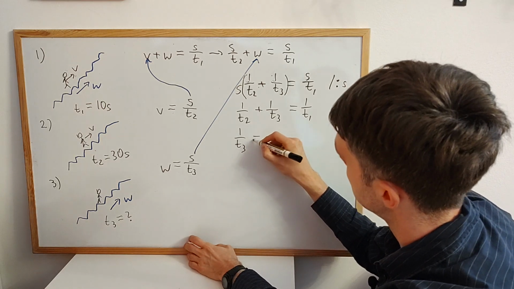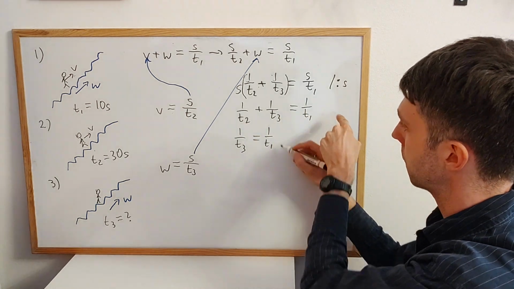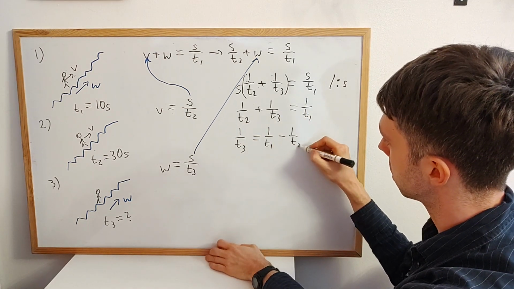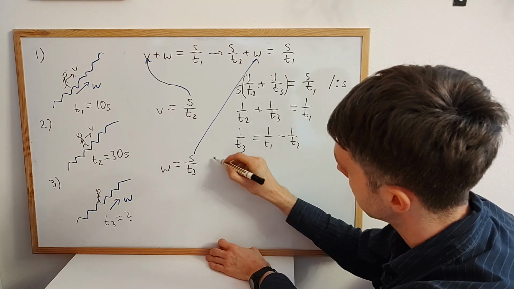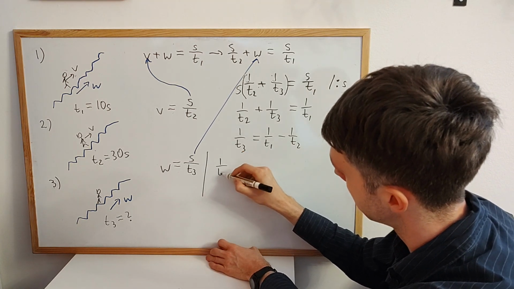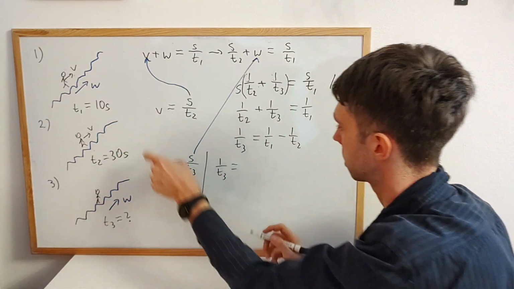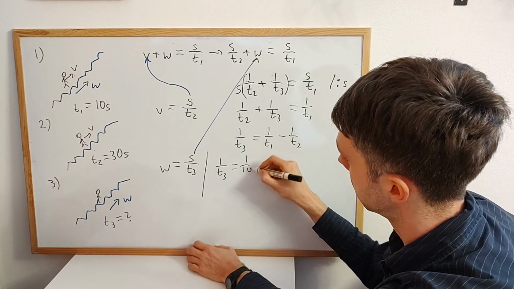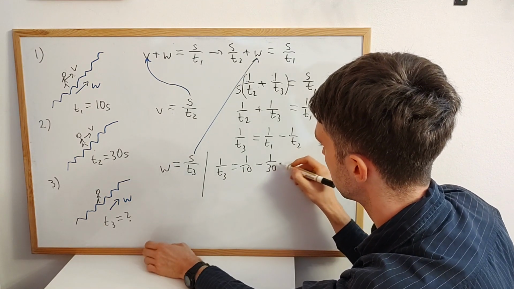Then 1 over t3 is 1 over t1 minus 1 over t2. Alright, so let's plug in the numbers. I mean 1 over t3. So 1 over t1 is 1 over 10 minus 1 over 30.